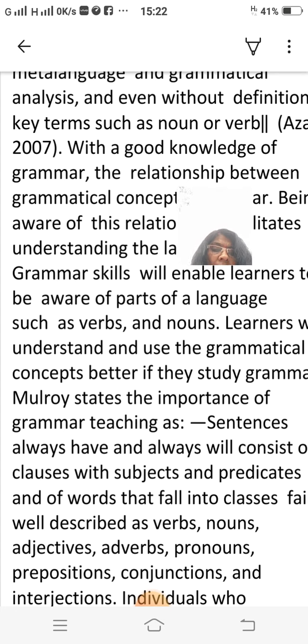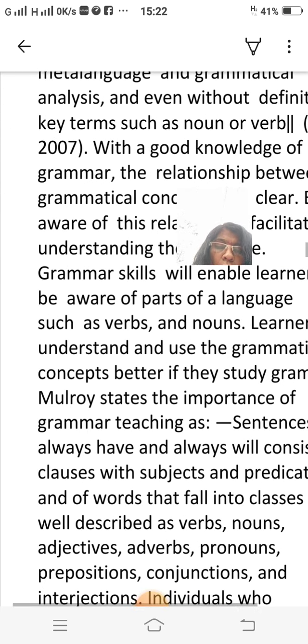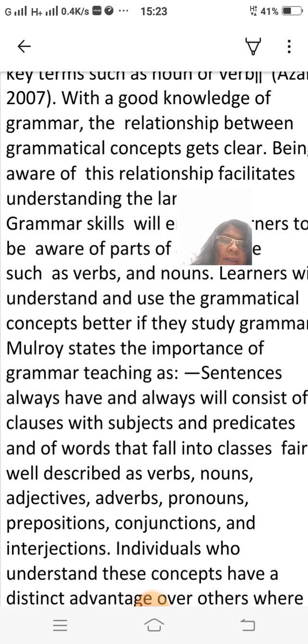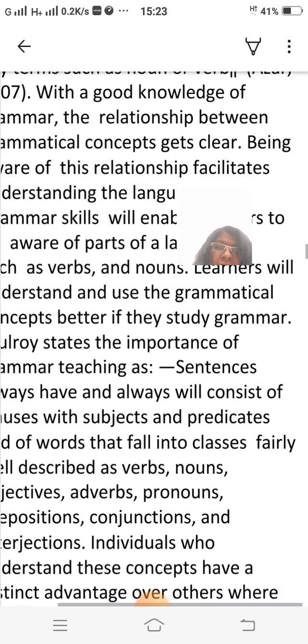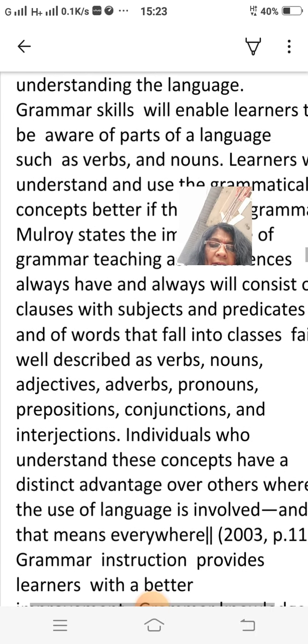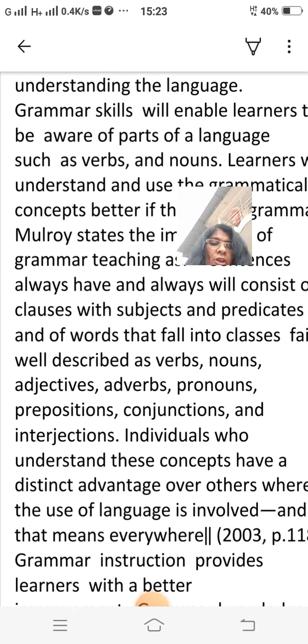Sentences always have and always will consist of clauses with subjects and predicates, and of words that follow their classes fairly well described as verbs, nouns, adjectives, adverbs, pronouns, prepositions, conjunctions, and interjections. Individuals who understand these concepts have a distinct advantage over others where the use of language is involved.